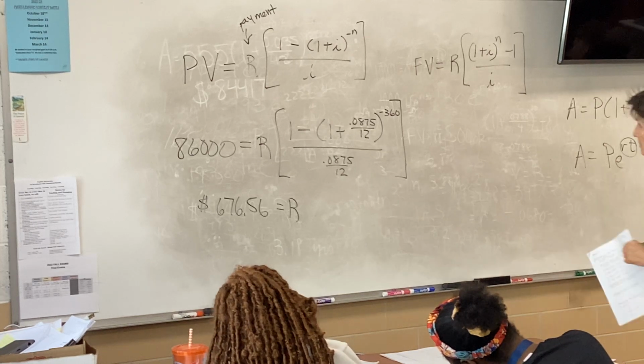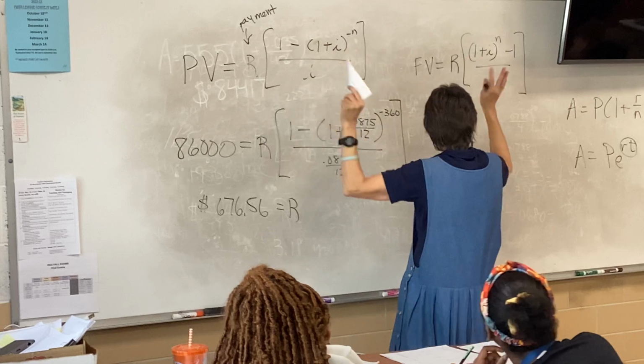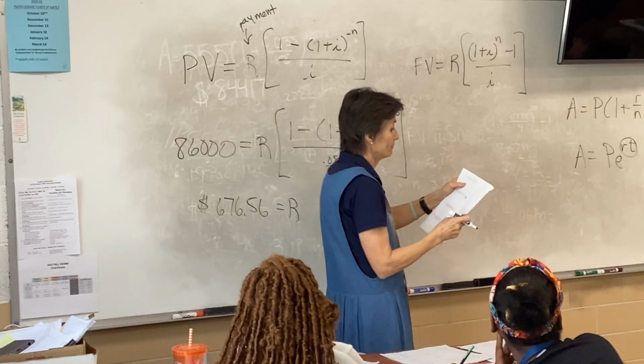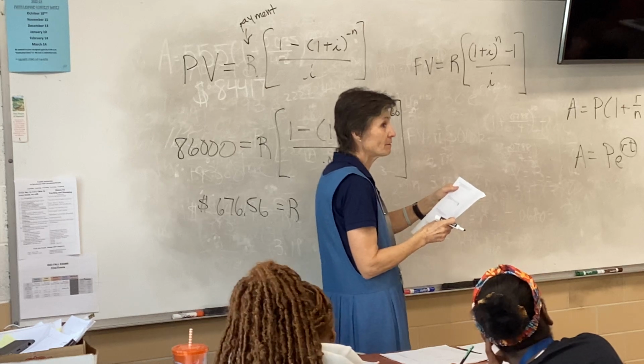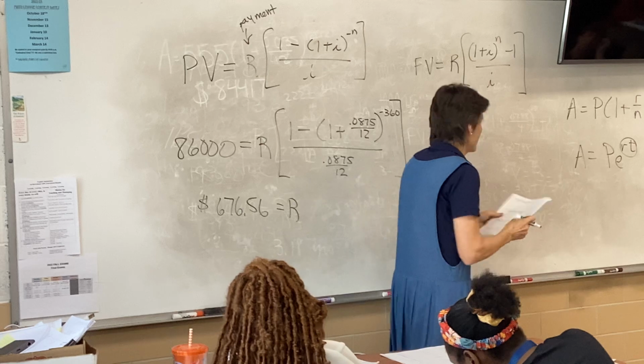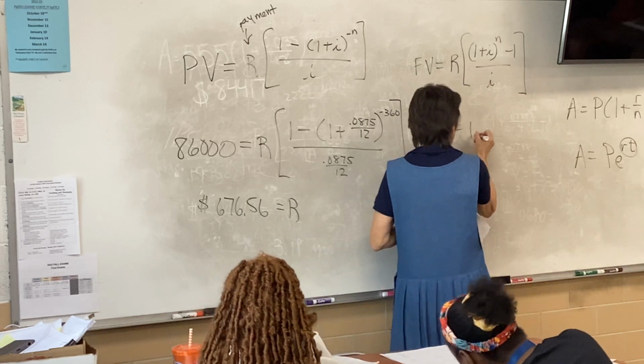Okay, so which formula? It is not these, these are payment formulas. It's one of those. Which one of those? Compounded monthly. It's not per. It's not per. So this one. So this is our formula.